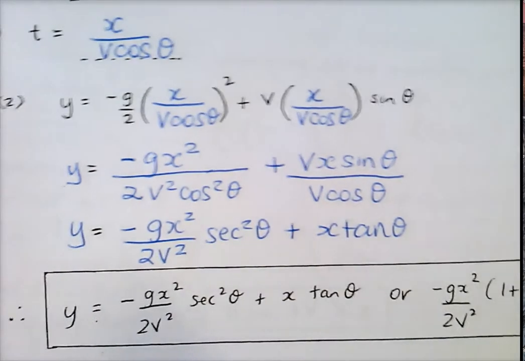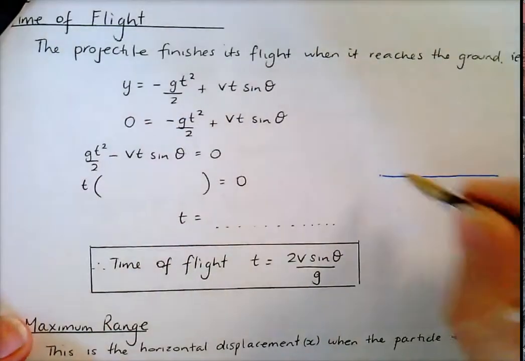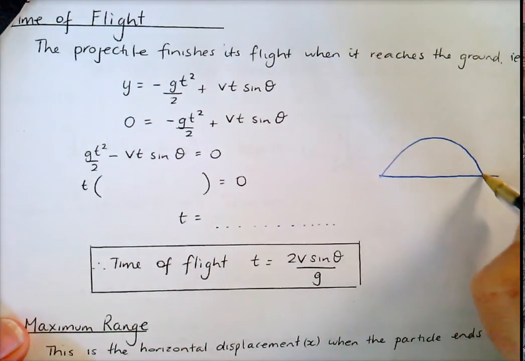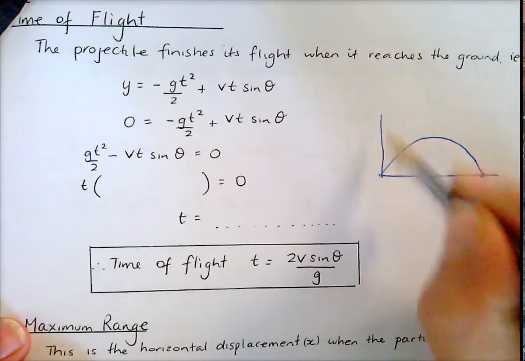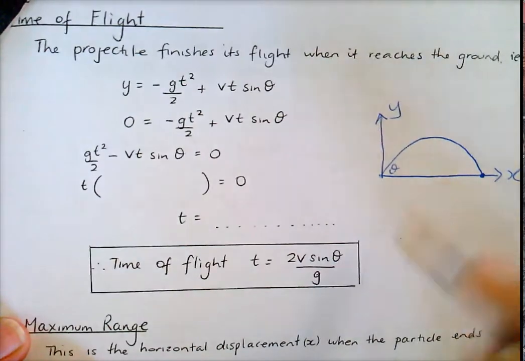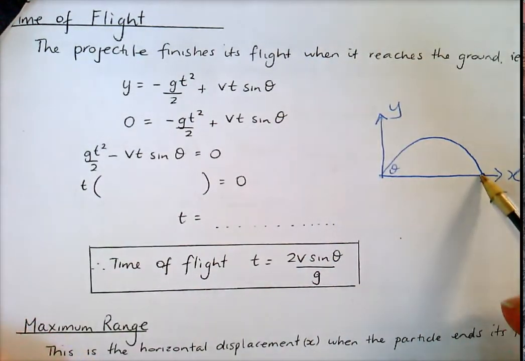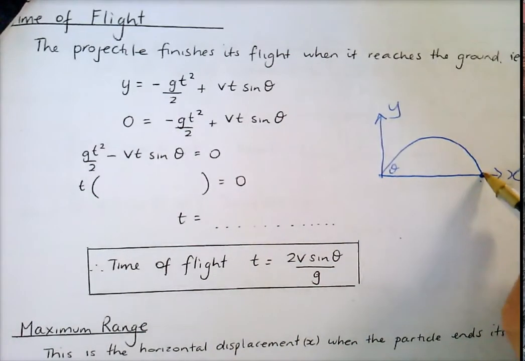Now, I'm thinking, flight. Remember, we've got a projectile. You've got to think that the particle hits the ground here. Now, it starts there. Particle leaves at angle theta. The particle hits the ground when what is what? You tell me. When y is 0.